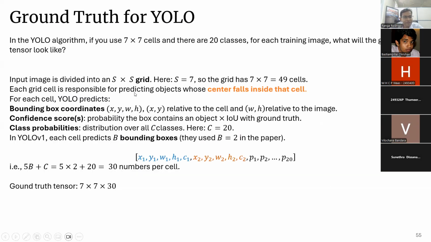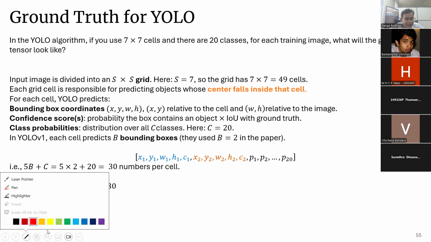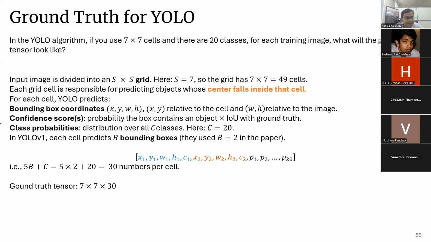Each grid cell is responsible for predicting the objects whose center falls inside the cell. For each cell, what does YOLO predict? Bounding box coordinates x, y, w, h. But we have to remember from the paper we saw that xy is related to the cell and wh is related to the image.